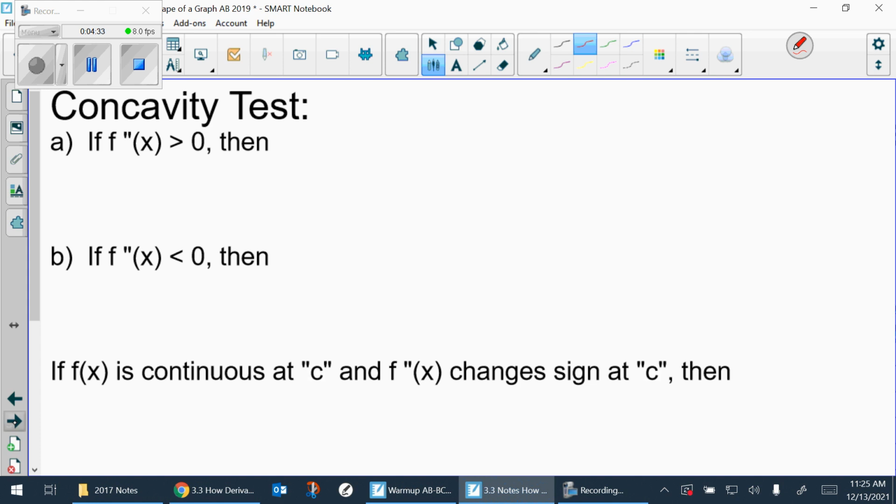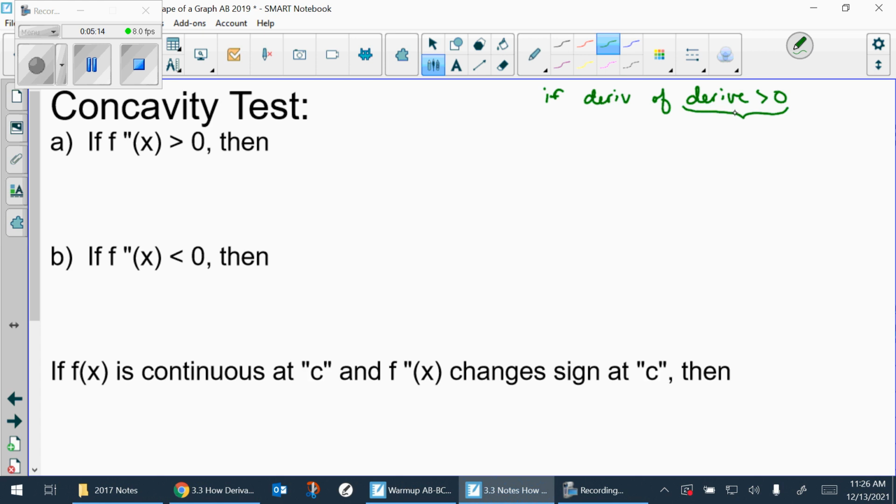Concavity test. If the second derivative is positive, okay, now I'm just going to write this over here. If the derivative of the derivative is greater than 0, second derivative greater than 0, or derivative of the derivative is greater than 0.